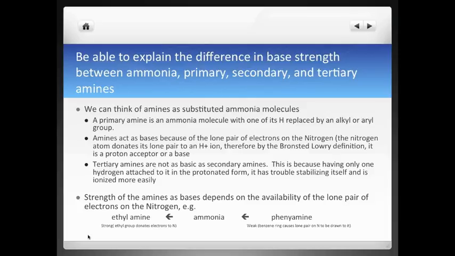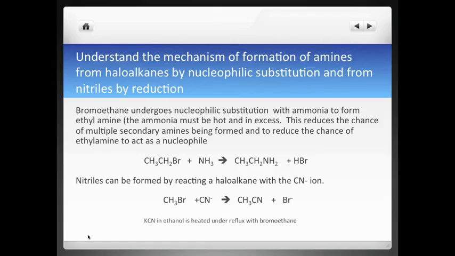And phenylamines are the weakest because of the delocalized electrons in the benzene ring, which allow the lone pair around the phenyl portion of the benzene ring to move toward the delocalized electrons. The formation of amines from haloalkanes is done by nucleophilic substitution.